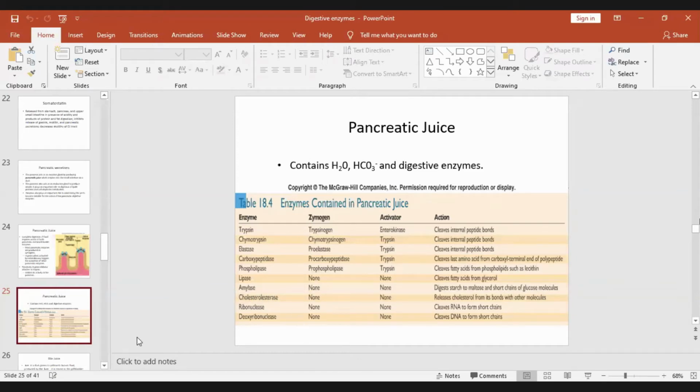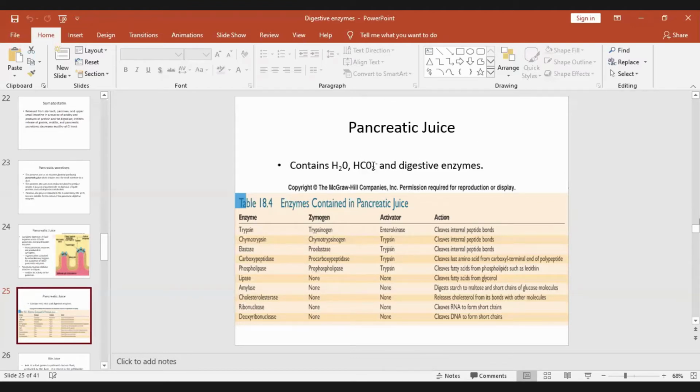Some enzymes are responsible for the digestion of carbohydrates and some for lipids and proteins. They have different actions, such as cleaving peptide bonds or removing fatty acids from glycerol.